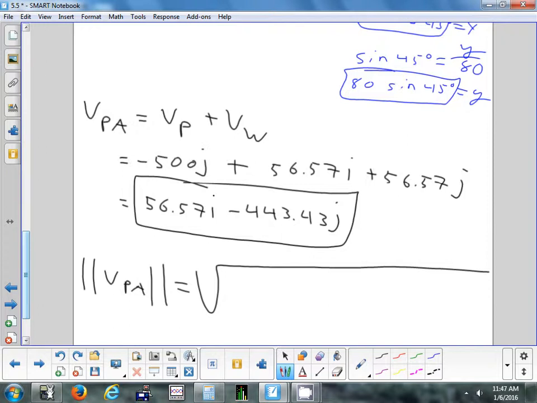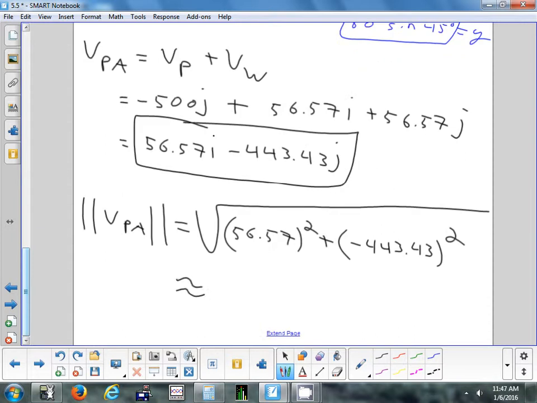All right, so we do 56.57 squared plus negative 443.43 squared. Okay, so we'll just type that in and see how fast the ground speed, radar gun speed of the plane is.